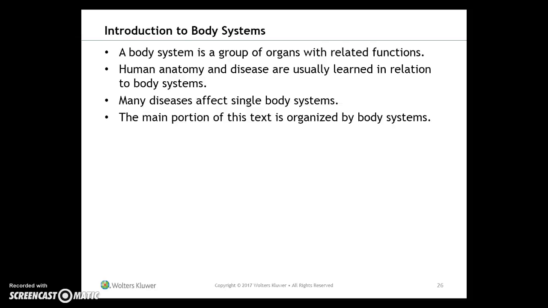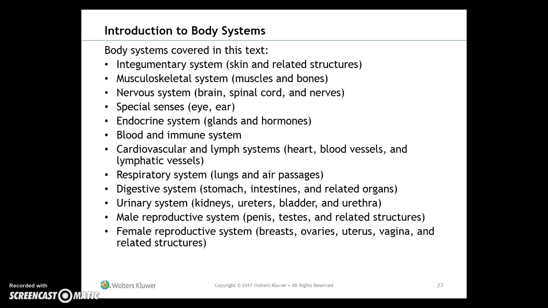The main portion of this text is organized by body system. So we're going to cover the integumentary system, the musculoskeletal system, the nervous system, special senses, so the eyes and the ears, the endocrine system, glands and hormones, blood and immune system.